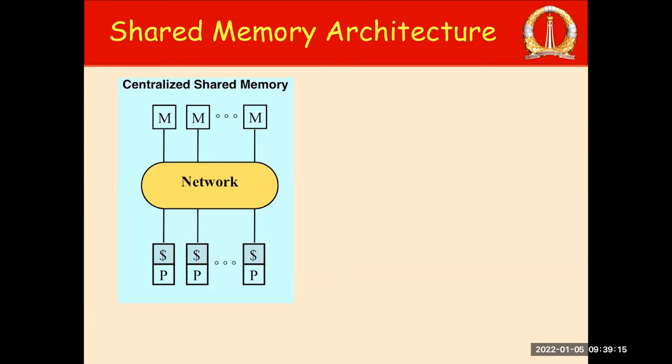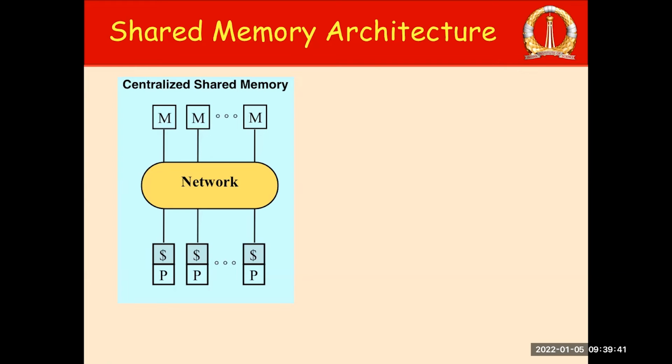One form of a parallel architecture is what is called the shared memory architecture, where you have multiple processors, each having its own private caches, connected to memory by means of an interconnect network. So there are different processors or processor cores, if you want to think of it that way, connected through an interconnect network to a set of memory modules.